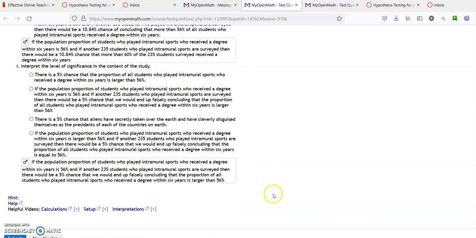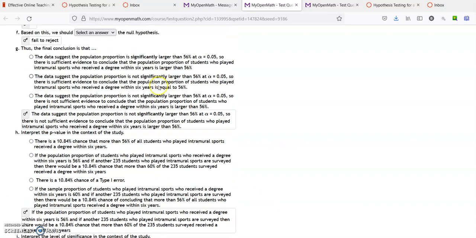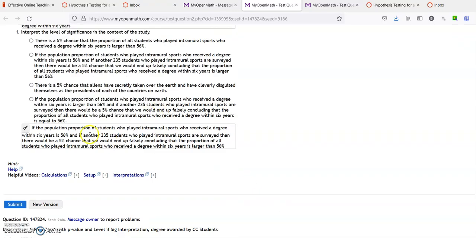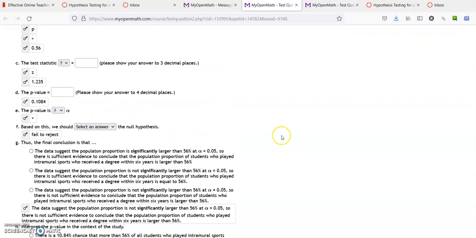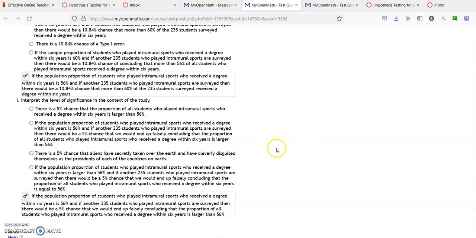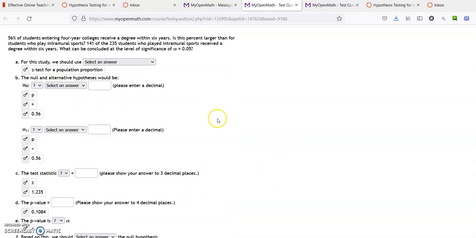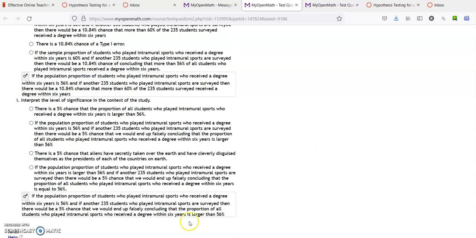All right, and then this one, again, the outcome up here doesn't matter. If the proportion of students that played intramurals is 0.56, the 56 came from here, the population proportion, and another 235 students, and that 235 comes from here, who played sports, there would be a 5% chance.